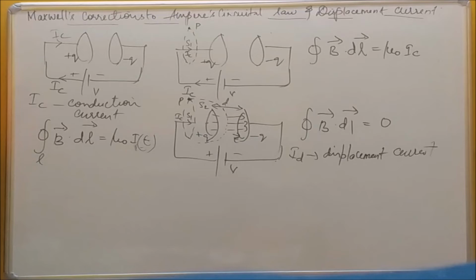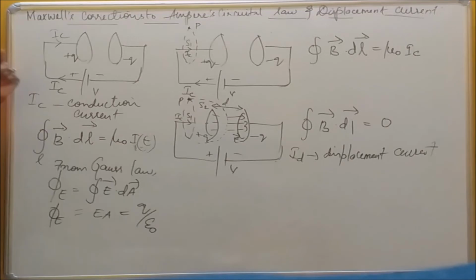Now what are the equations for the displacement current? So I consider from Gauss law. Why did I take Gauss law here? Because in Gauss law only, the electric flux is equal to 1 by epsilon naught times the net charge enclosed by the surface. So from Gauss law, the equation is electric flux phi E equals the integral of E vector dot dA vector.